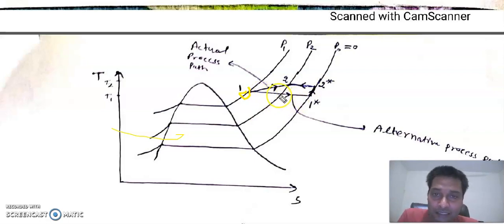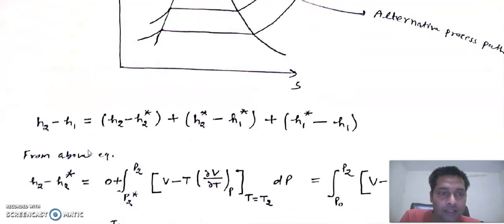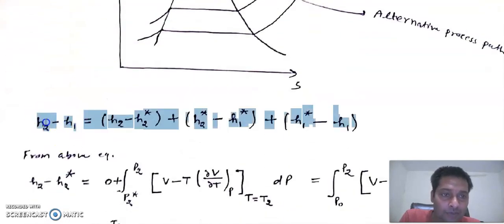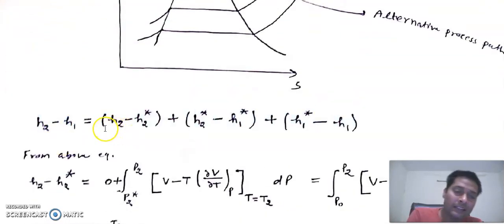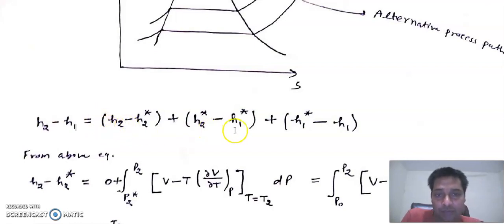It means enthalpy change along this path plus this path plus this path will give the total change in enthalpy during process 1 to 2. The total change will be equal to the change in enthalpy during path 1 plus path 2 plus path 3.